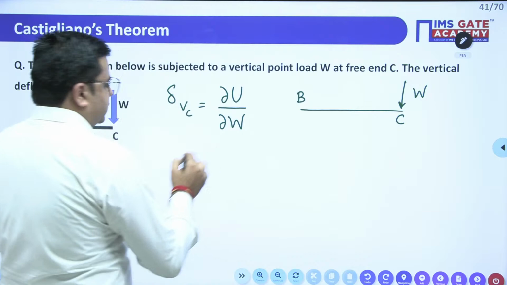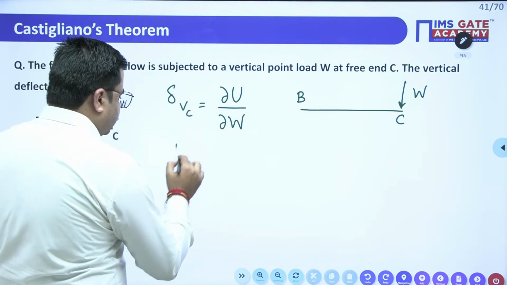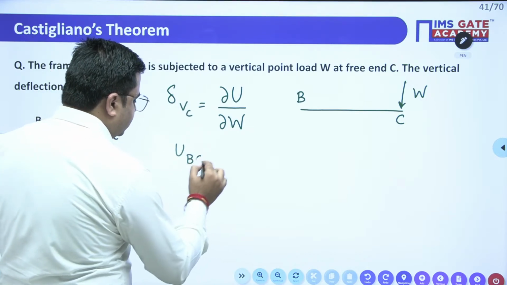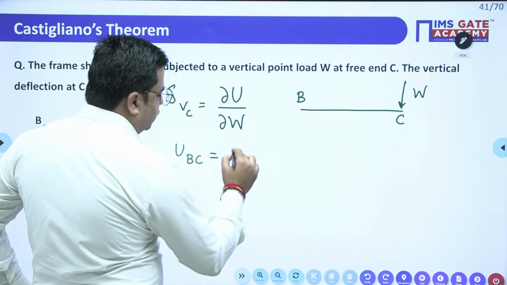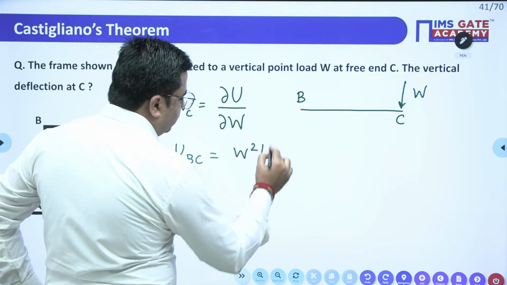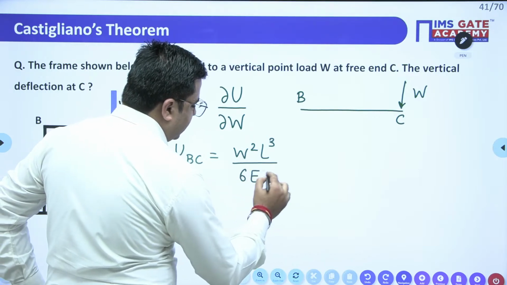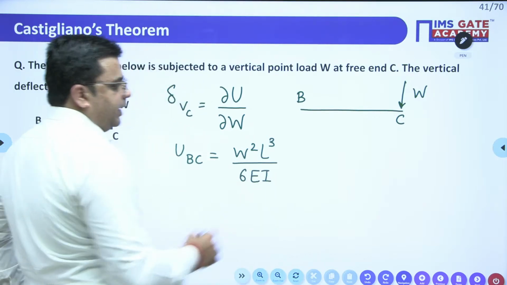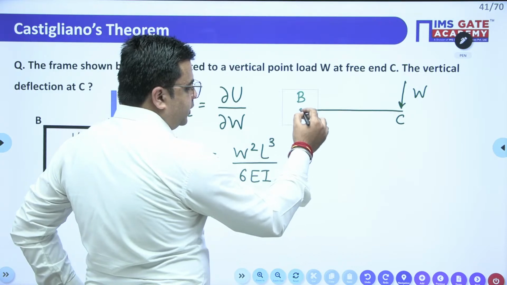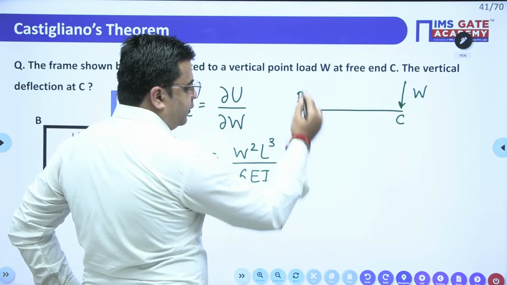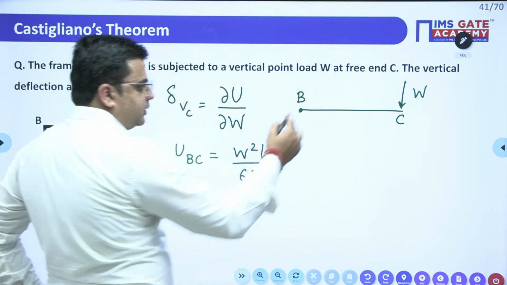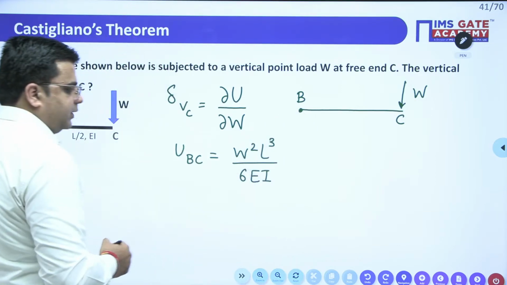So this is the strain energy in the member BC. Strain energy in the member BC is W square L cube upon 6 EI. Since this is a rigid joint, this can be considered as a fixed support.